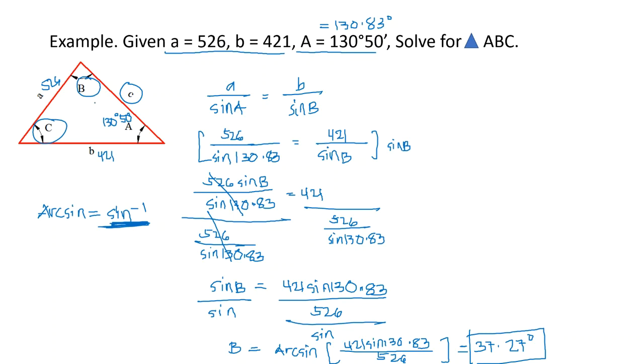Now we can solve for angle C. For angle C, we can just use 180 minus the known angles. So C is equivalent to 180 minus 37.27 minus 130.83.